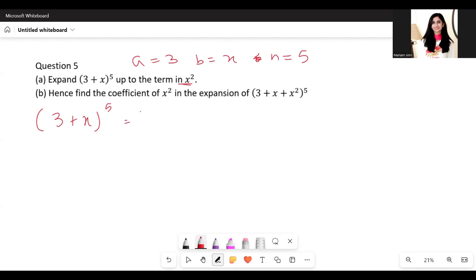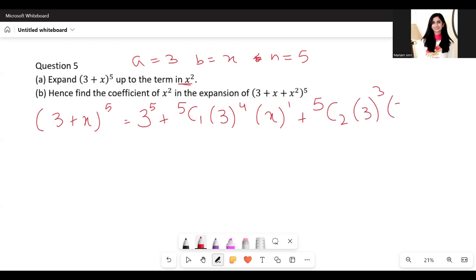It's going to be 3 power 5 plus 5C1, 3 power, the difference of 5 and 1 is 4. And then x power 1. This is not x squared, so we'll have to expand more. 5C2, 3 power, difference of 5 and 2, 3, and x power 2. This is the x squared.